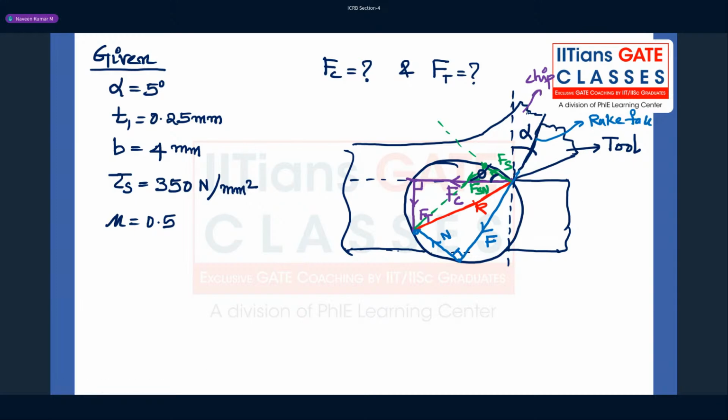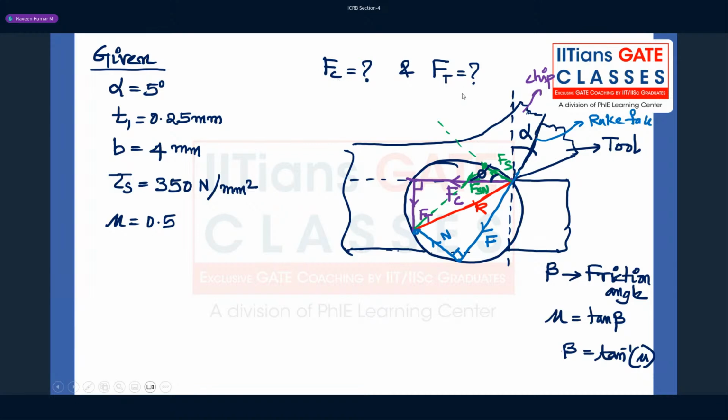Beta is known as the friction angle, and tan beta is mu, or mu is equal to tan beta. If you want to calculate beta, you have to take tan inverse of mu. Now with the information alpha, t, b, shear stress and mu, we should be able to find FC and FT. That is the question that has been given.